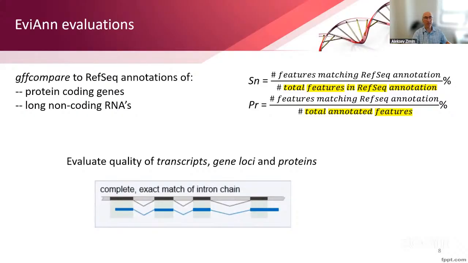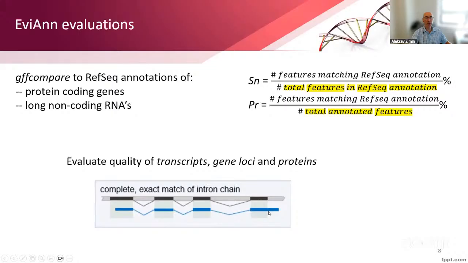And for a transcript to match, I'm going to ask for a complete exact match of the intron chain, allowing some mismatch on transcription start and stop sites because these are not very well defined. For CDSs, since for those objects both start, stop, and intron chains are very well defined, I'm going to ask for a complete and exact match, including start and stop positions.